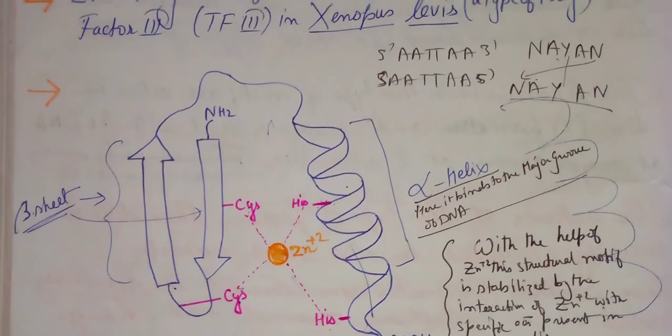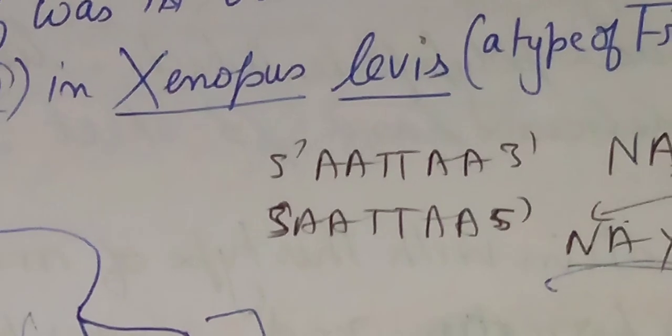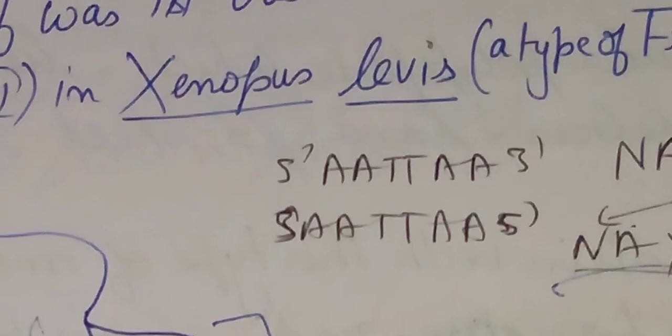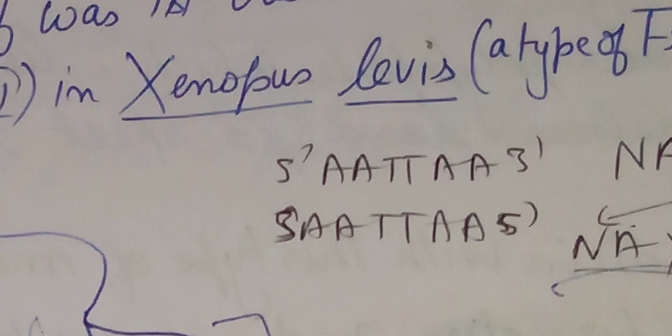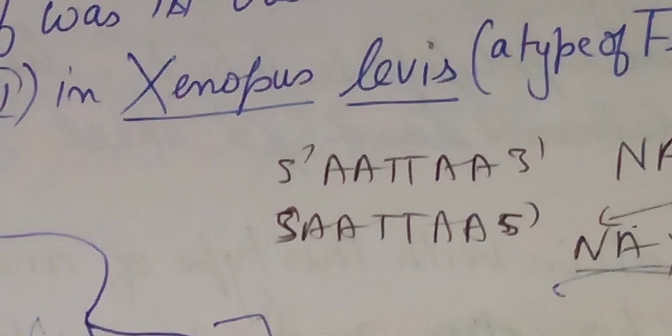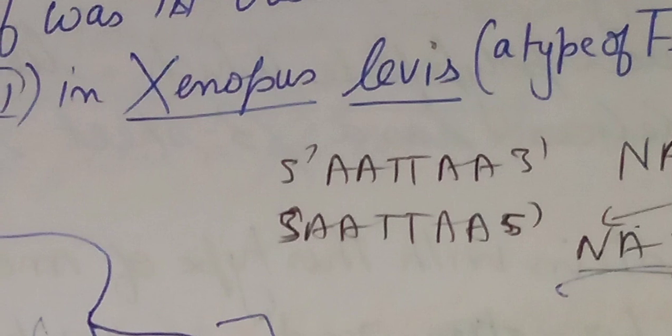I want to show you a palindromic sequence here. See this palindromic, double A, double T, double A. If you read from 5 prime to 3 prime, as well as from 3 prime to 5 prime, it reads the same, double A, double T, double A. So this is a palindromic sequence.